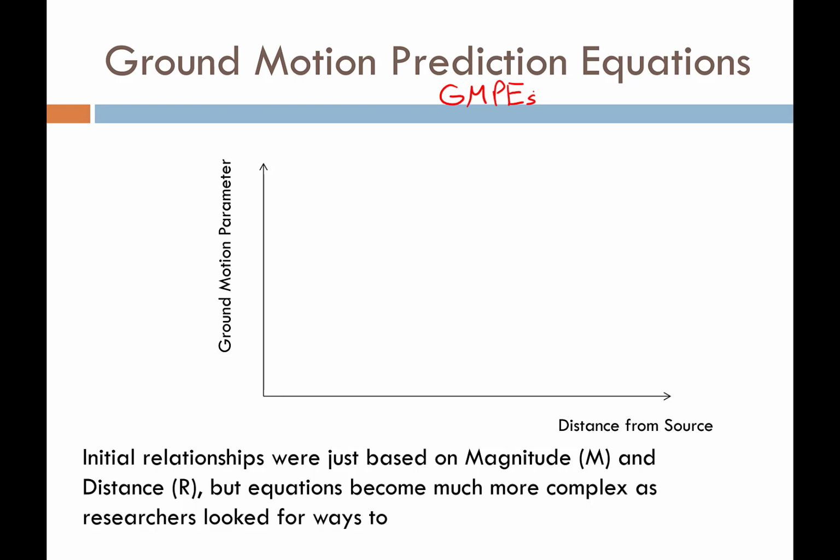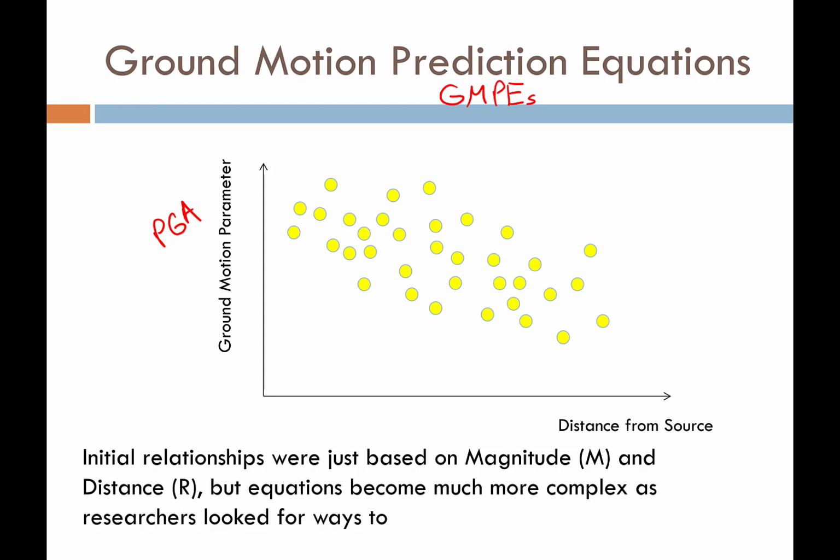And let's just for example, let's say we're looking at peak ground acceleration. So a seismologist can take a whole bunch of earthquake time histories, and knowing the distance of those instruments to the earthquake sources, they can plot the PGAs of the earthquakes from those time histories versus the known distance from the source.